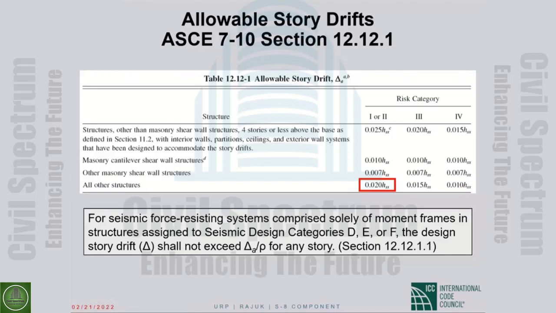Okay. Something that I did not mention is in this box. For seismic force resisting systems comprised solely of moment frames, in structures assigned to design category D, E, or F, the design story drift delta shall not exceed delta sub A divided by rho, the redundancy factor, for any story.